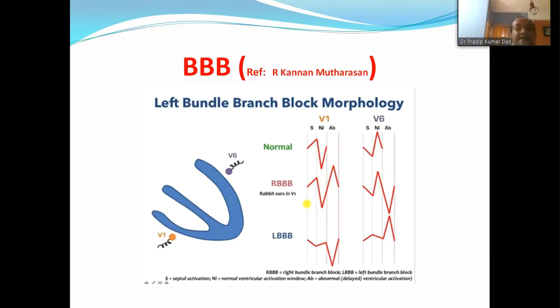The deflection is towards the right-sided lead, so there will be a small upward deflection. It is normal conduction. Again, the left ventricle will be activated, and the right-sided lead will see a deep S wave, and the left-sided lead this time will get an upright impulse.